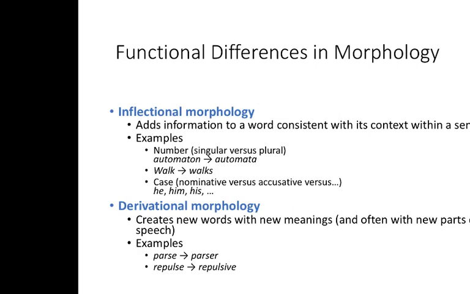It makes a new form of the same word that is suitable for a particular syntactic context. So it goes in a particular place in a phrase or in a sentence, or it carries information like plurality. These are all inflectional categories, like case or number.